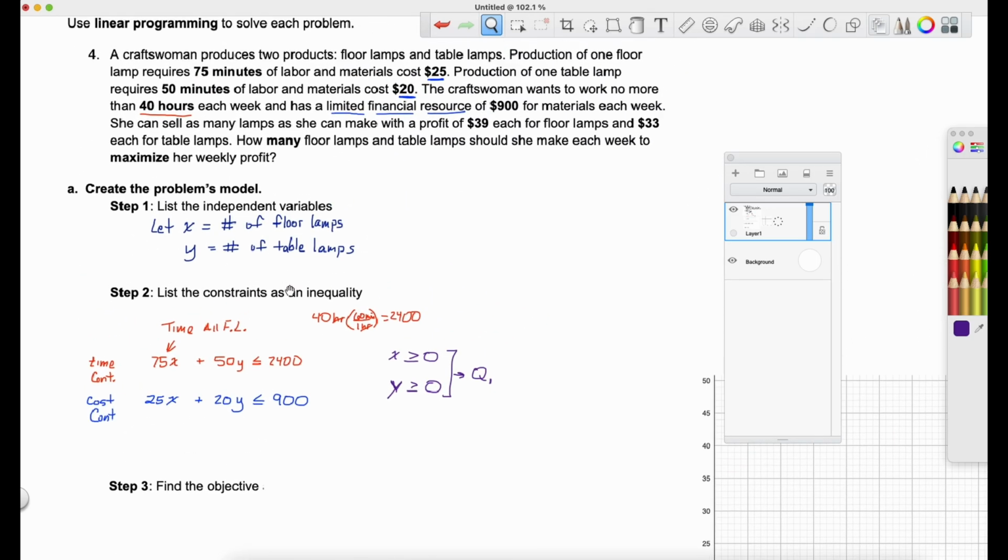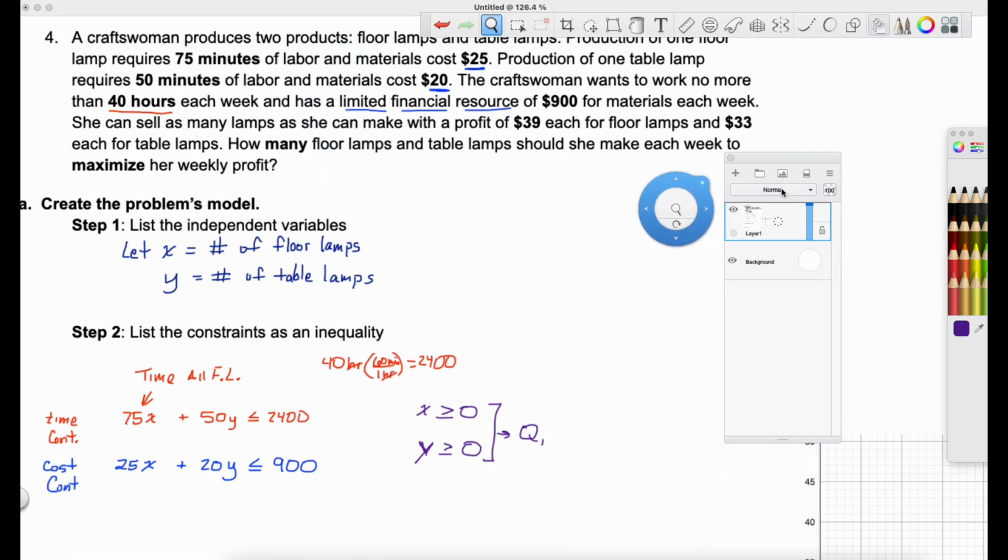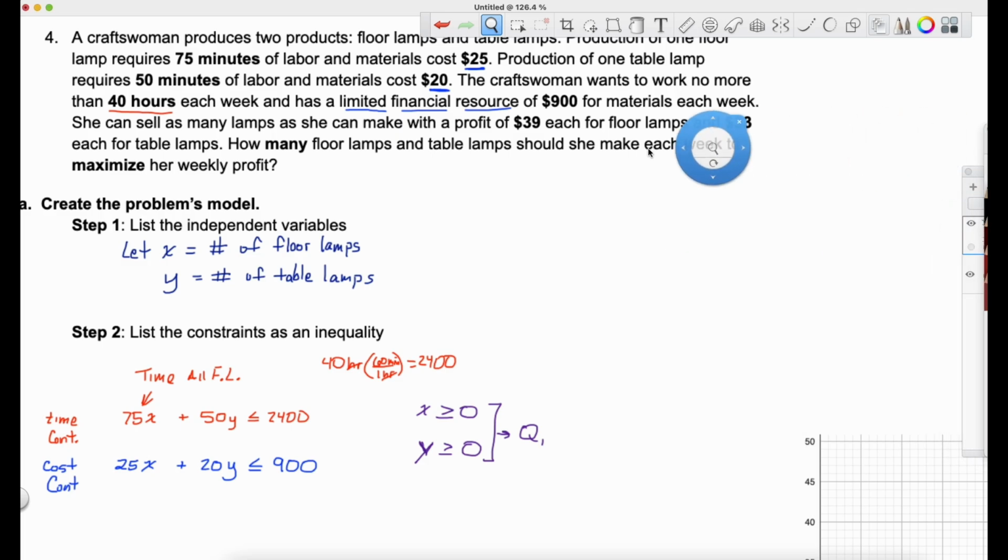Is this a maximum or minimum optimization problem? How many floor lamps and table lamps should she make each week to maximize her weekly profit? And how does she make a profit? She gets $39 for floor lamps and $33 for table lamps.